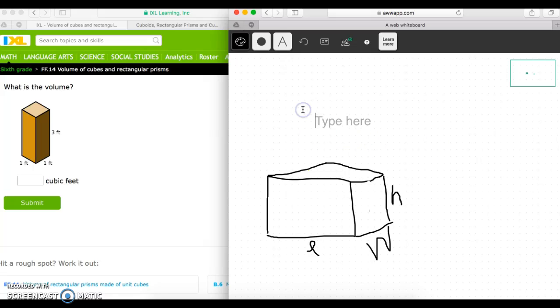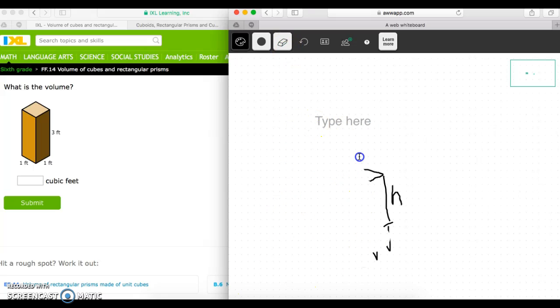So let me get rid of all this, my ugly drawing. And let's practice. All right, so we have this cute rectangular prism. Length of 1 foot, width of 1 foot, height of 3 feet.